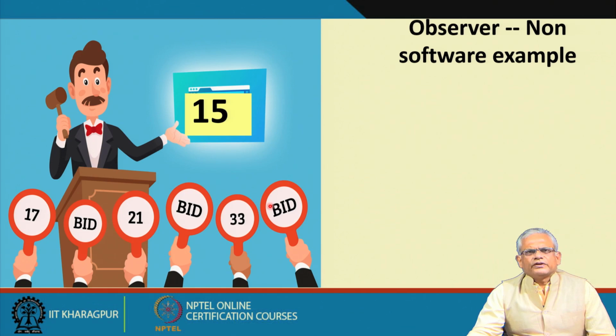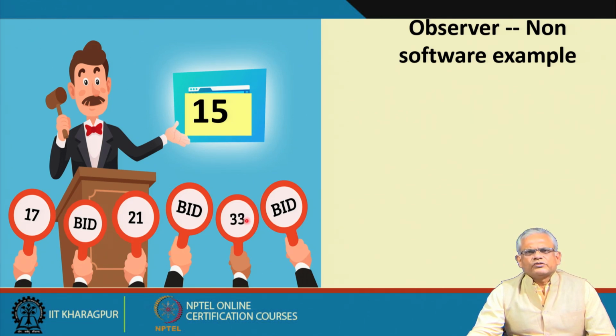This is an example of an observer pattern, non-software example, because here the model has a state which is the latest price that has been accepted, and the price can change any time to some amount. It can be 17 or 21 or 33 or something, but then as soon as the price is updated, then everybody can see the price.